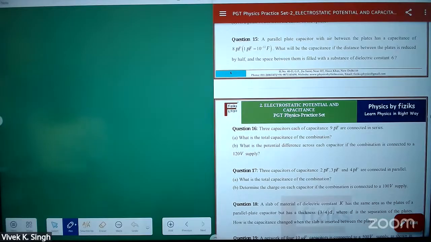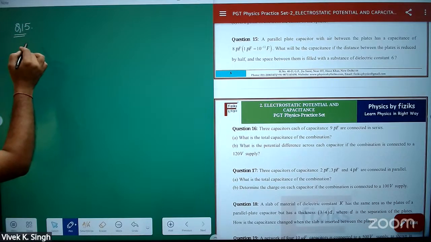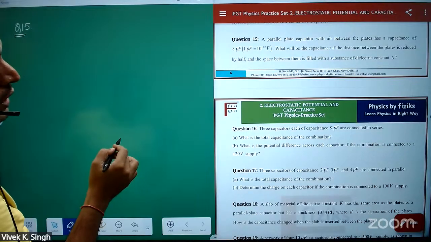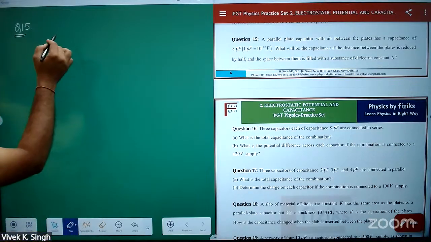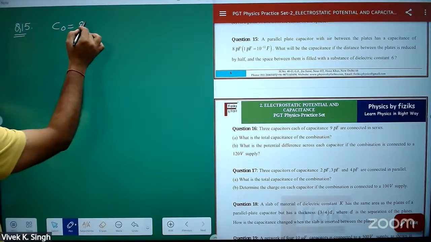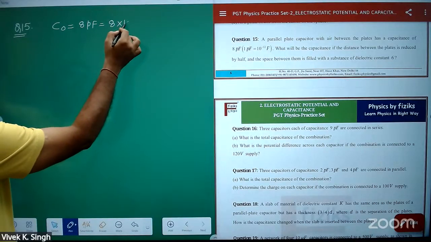So question number 15. Parallel plate with air between the plates has a capacitance C naught of 8 picofarad.